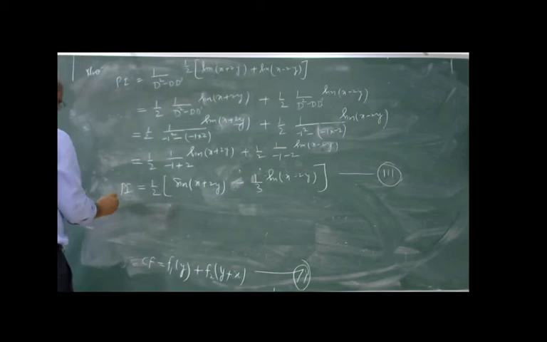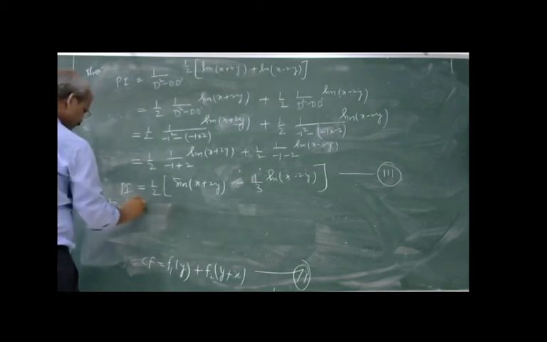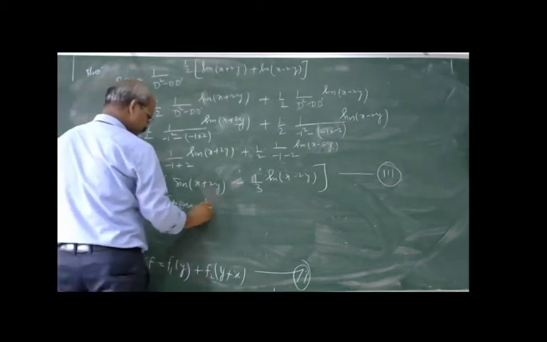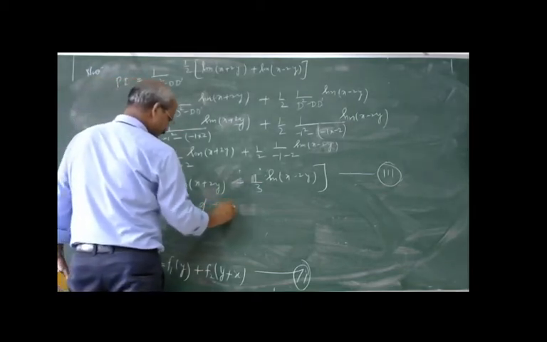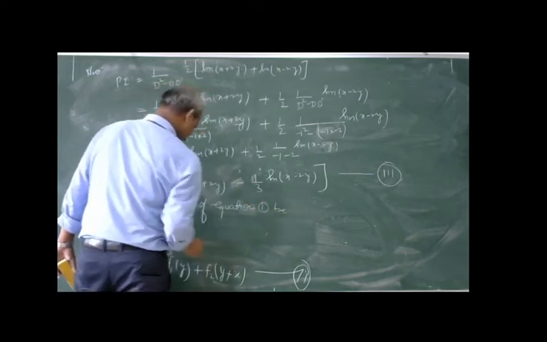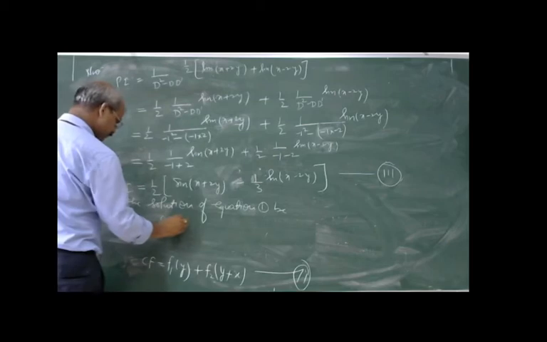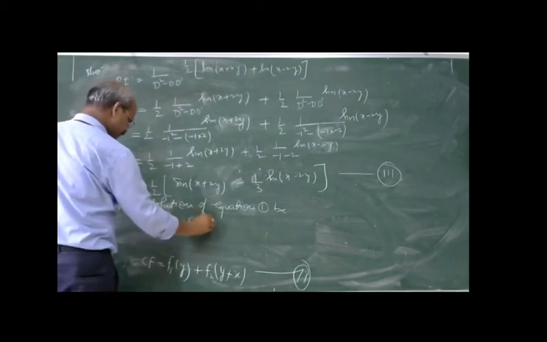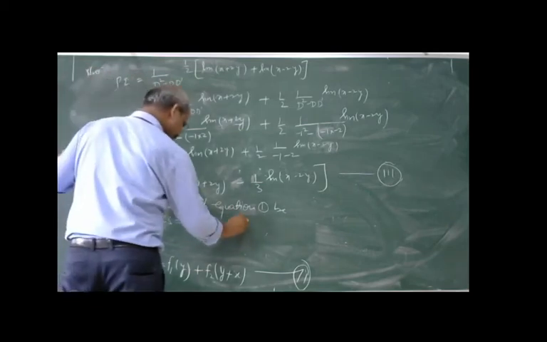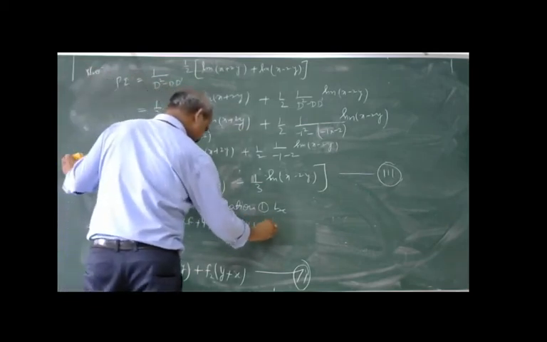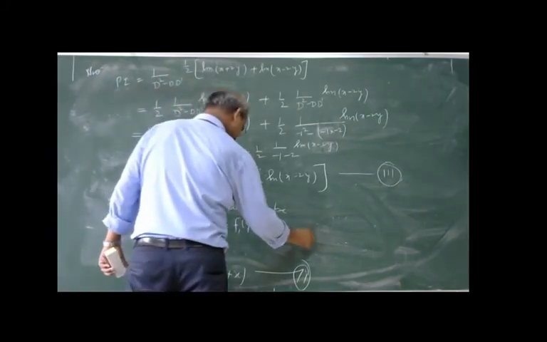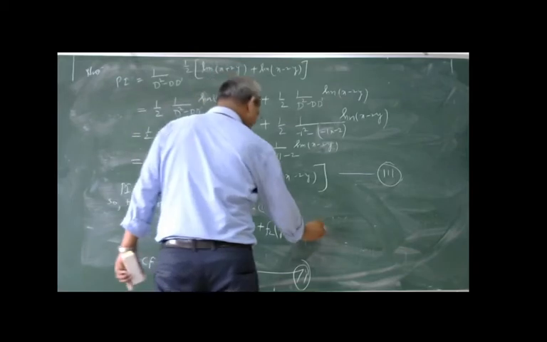Show the solution of equation 1b. Complete solution is equal to CF plus PI. So from here CF is f1y plus f2y plus x plus 1 upon 2.